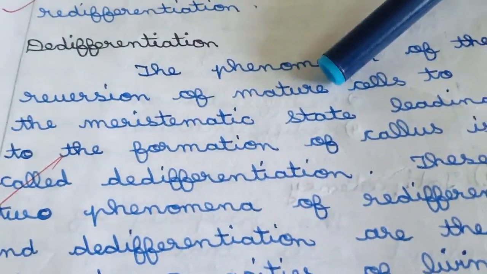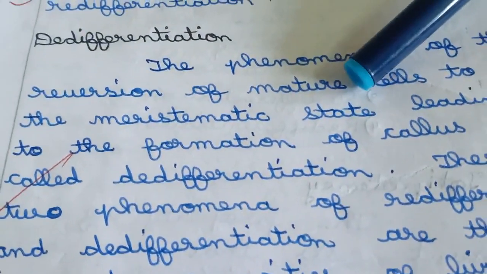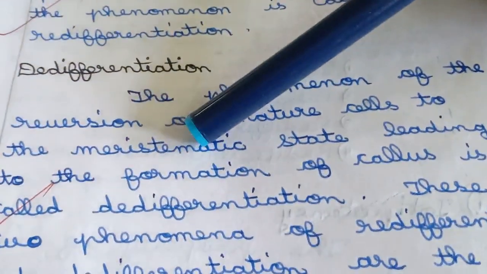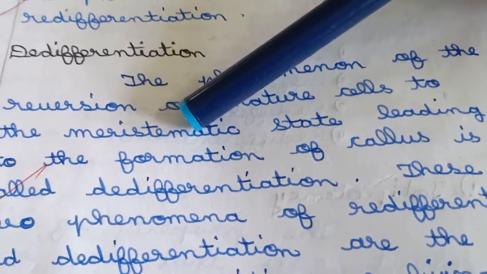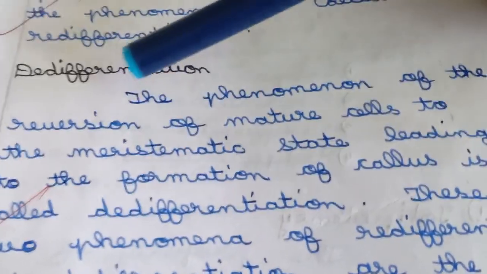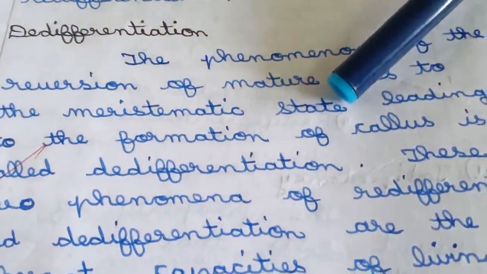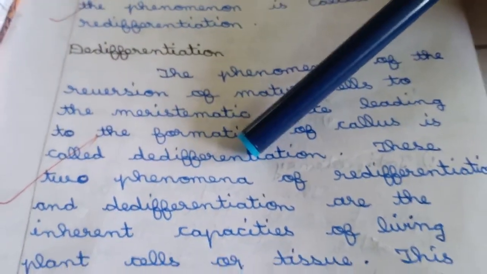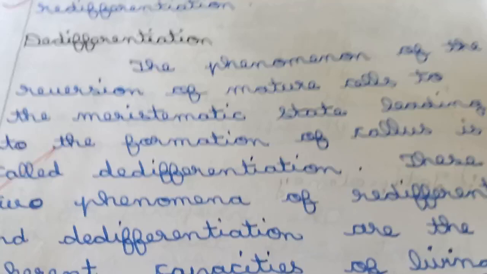The cell has undergone growth and it has matured and become a permanent cell, but now this mature cell turns to meristematic cells, that is, cells which are in a continuous state of cell division. So the reversion of the mature cell to the meristematic state leading to the formation of callus is called dedifferentiation. So these are the basic four concepts of plant tissue culture.